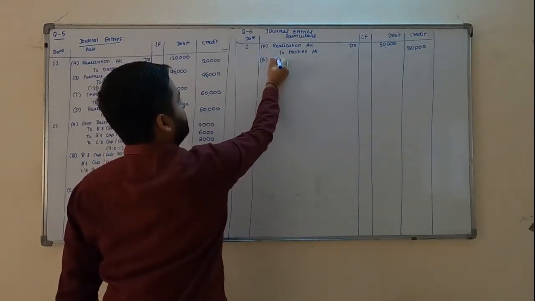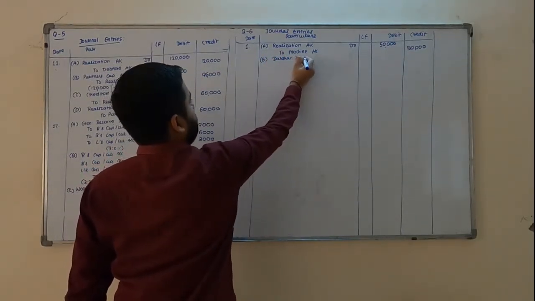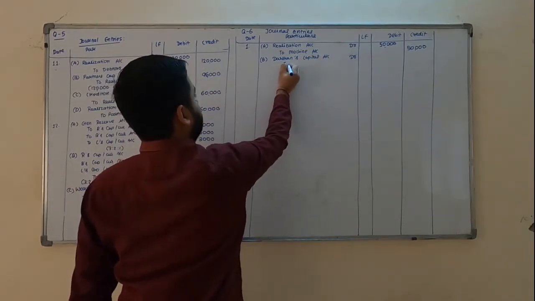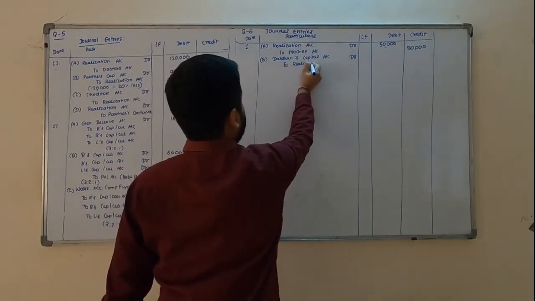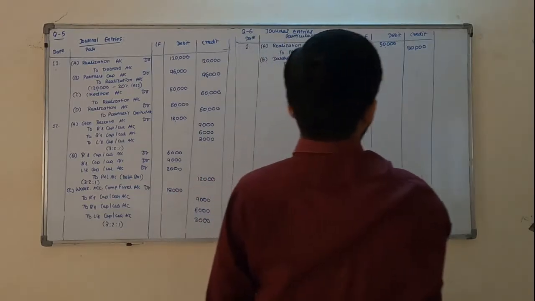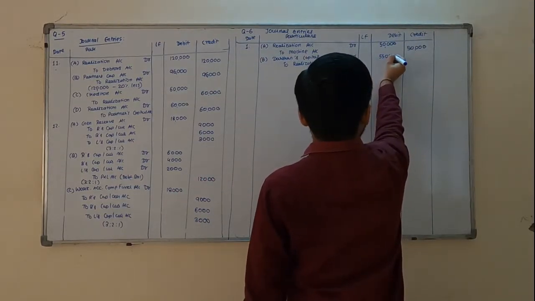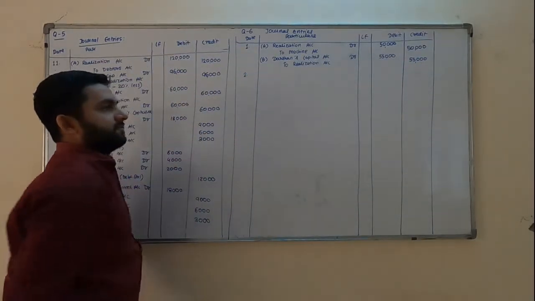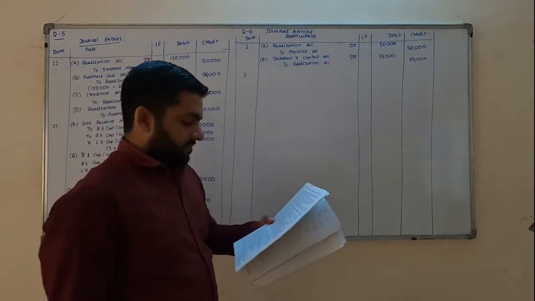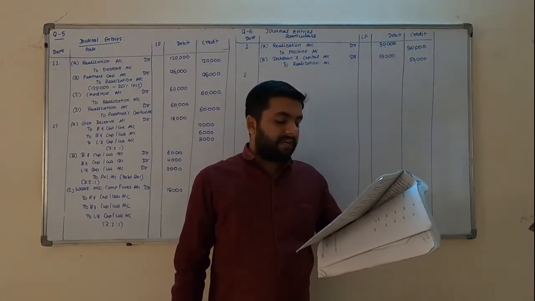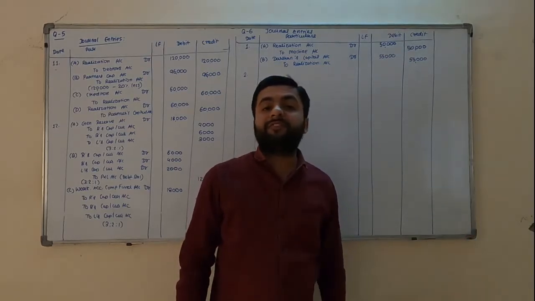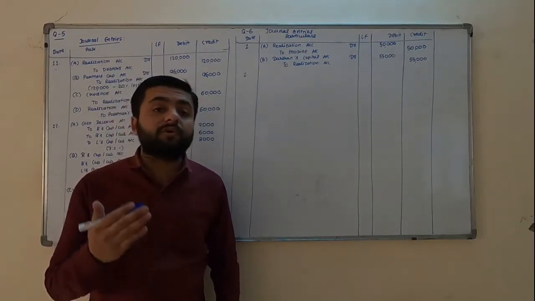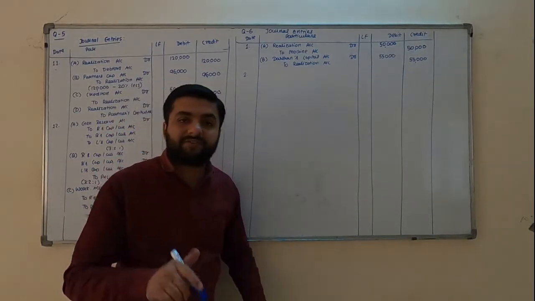Entry B will be Darshan is taking it over. So Darshan's capital account debit to realization account 55,000. Second, partner Bimal has accepted to pay bills payable of 15,000. So Bimal is accepting bills payable, but first we have to close the bills payable because nothing is given, so they are shown in the books only.